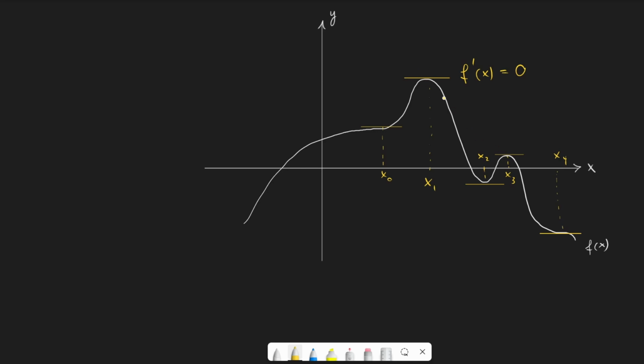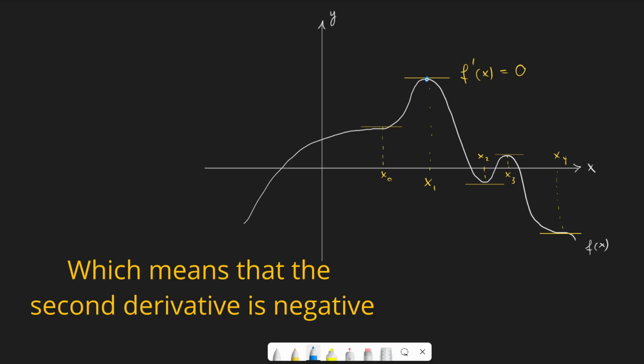At the local maximas, we can see that the second derivative, which shows us how the first derivative changes, is negative at this point, because here the first derivative is decreasing.